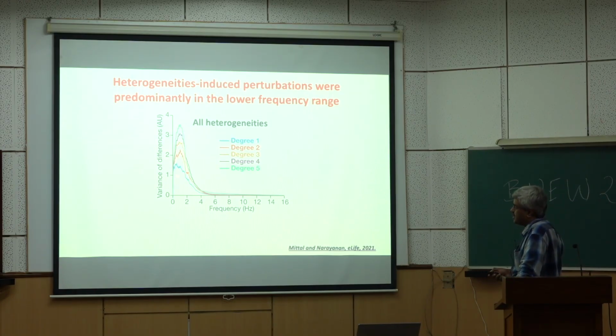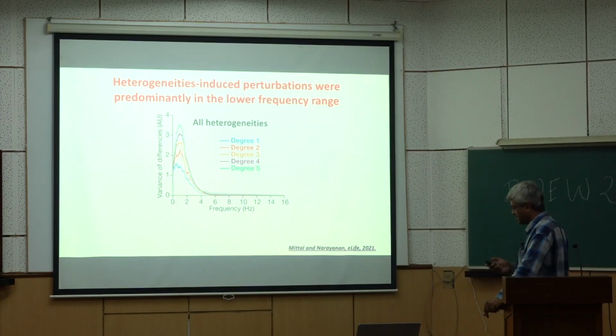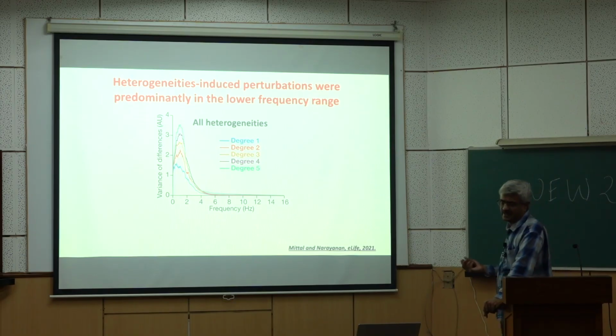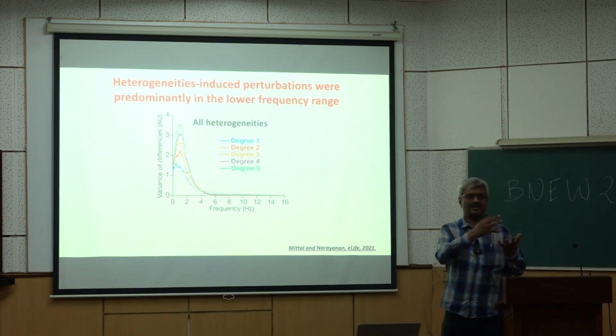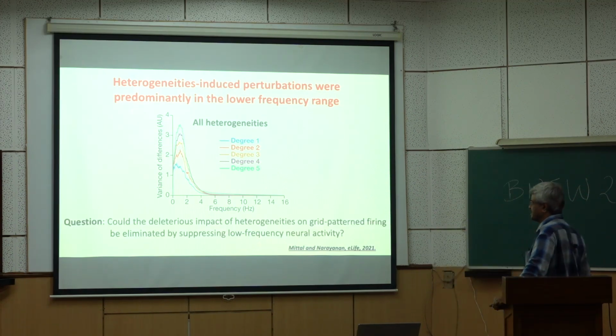So if you look at the activity patterns in the homogeneous network and compare it with the activity patterns in the heterogeneous networks, in higher frequencies there was not much of a change. Only in the lower frequencies there was a large change. So the question he asked was, if I now suppress the low frequencies, would I be able to get back grid pattern activity even with heterogeneities manifesting in the structure?